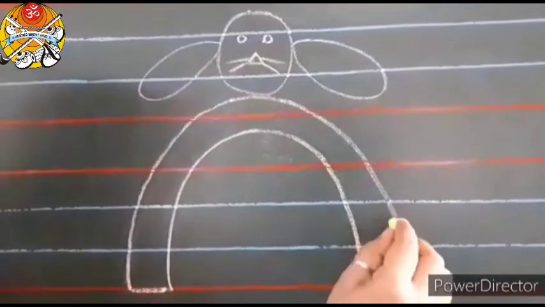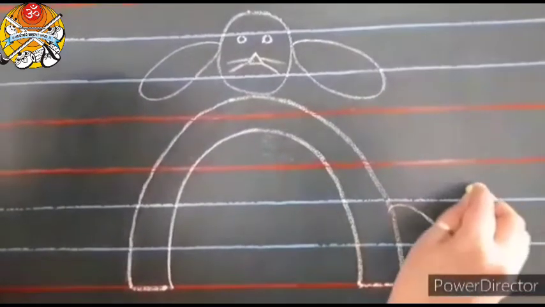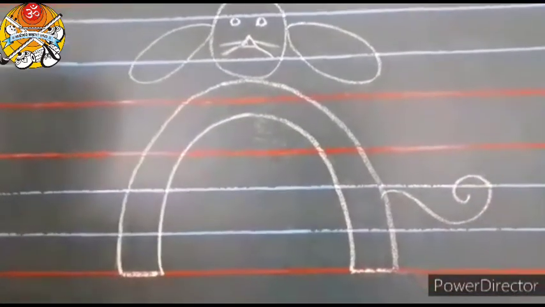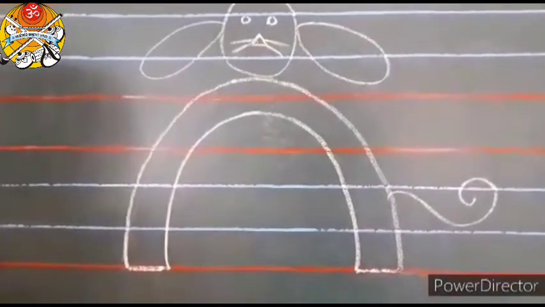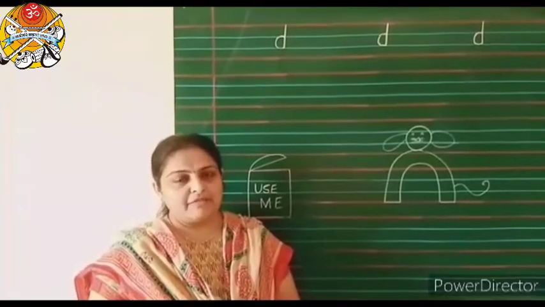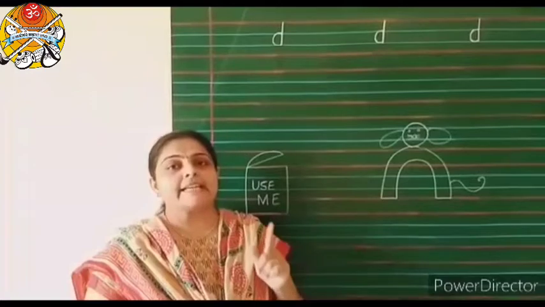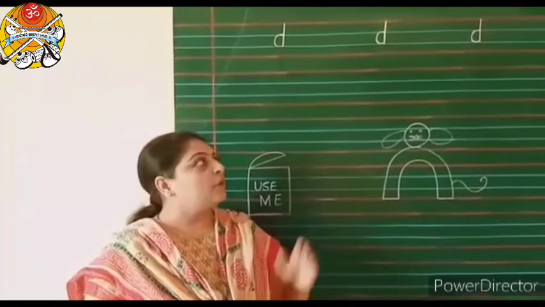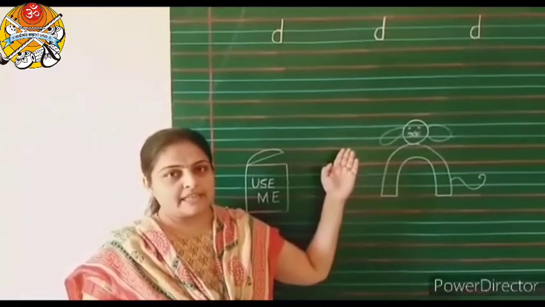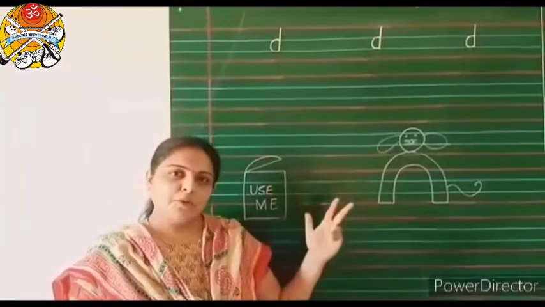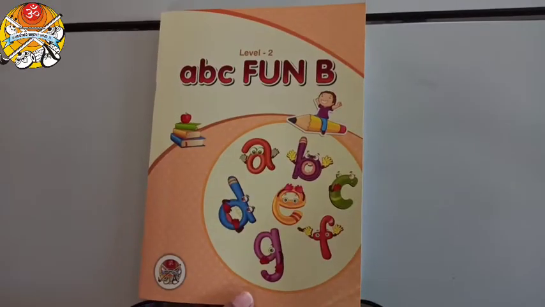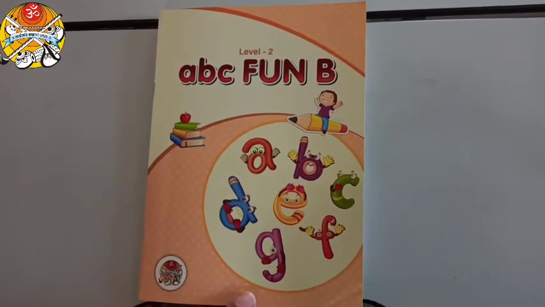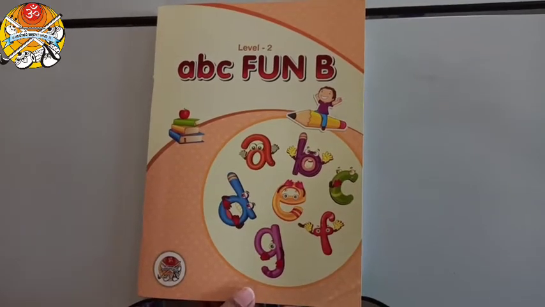And here a tail. So this is the dog. So children, today we have learned script letter D, right? We also learned how to write script letter D. We drew two pictures. Let's learn script letter D in your activity book.